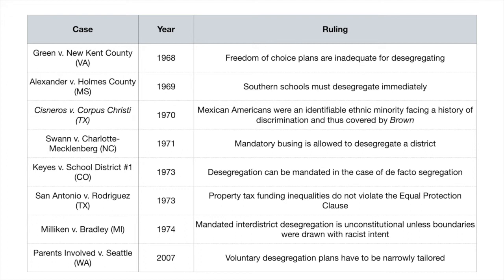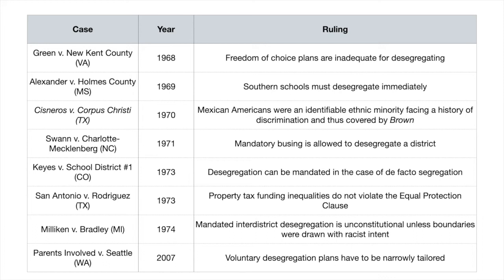Fast forward to 2007, which in many ways is considered the time when desegregation ended in the United States. Parents Involved versus Seattle. It also involved a case in Louisville, Kentucky. So many of these prior cases were about mandated desegregation, consent decrees from the court.